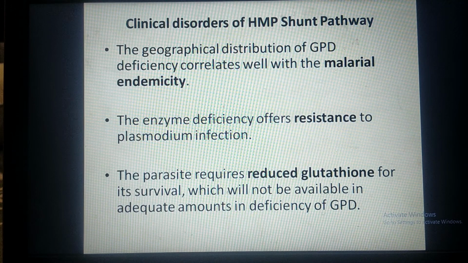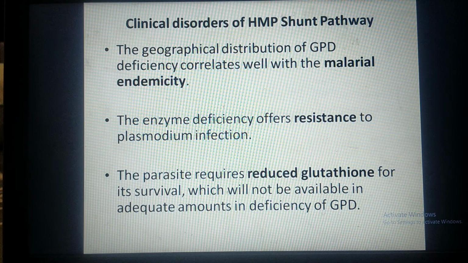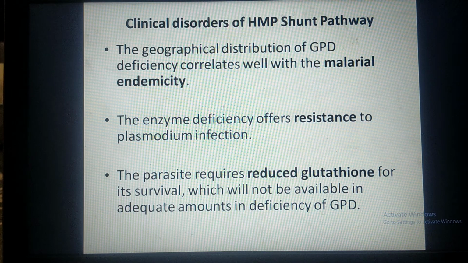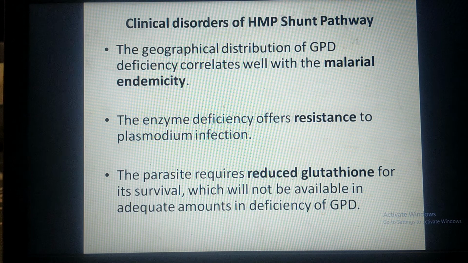The deficiency of enzyme G6PD in red blood cells leads to resistance to plasmodium infection, because plasmodium requires reduced glutathione for its life cycle. Plasmodium grows in two tissues, first in the liver and then in RBCs. In RBCs, to complete their life cycle, they require reduced glutathione.